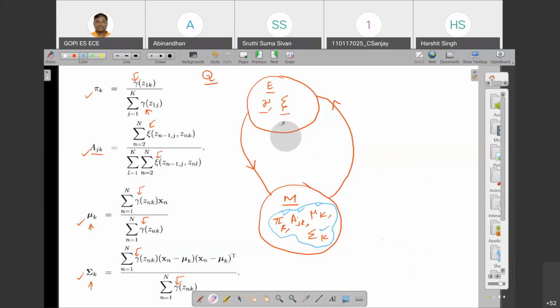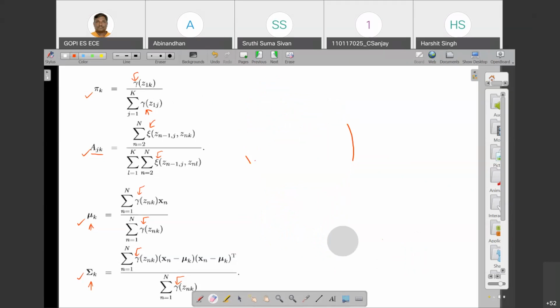So this is the intermediate step: gamma and zeta, we get that. But getting gamma and zeta is again challenging. We know what the maximization stage is now. The maximization stage is this, which is there in this slide. It is very clear now. Now we are interested in going for the expectation stage in detail, where we have to get the values of gamma and zeta.